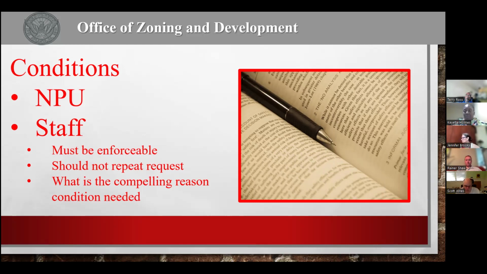They've had a public hearing, and now BZA has approved the application, and there is no need for them to come back to the Office of Zoning and Development to have another review on what we've already seen as been approved. Same thing with site plans.